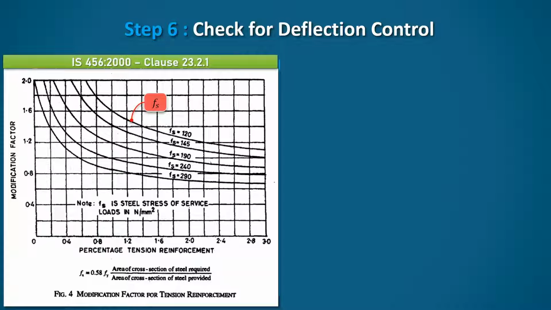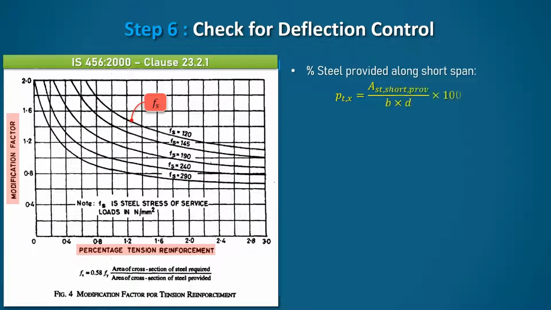So, let us compute the modification factor. In the graph, the x-axis shows the percentage of tension reinforcement and the y-axis shows the modification factor for the corresponding reinforcement. So, let us compute the percentage of tension steel provided along the short span. This is equal to 0.32%.